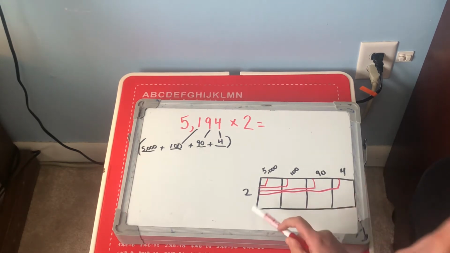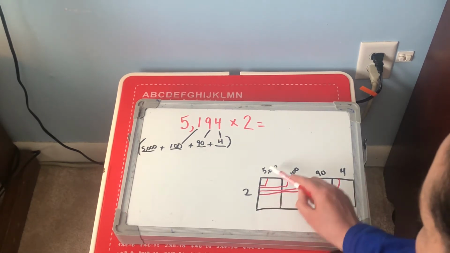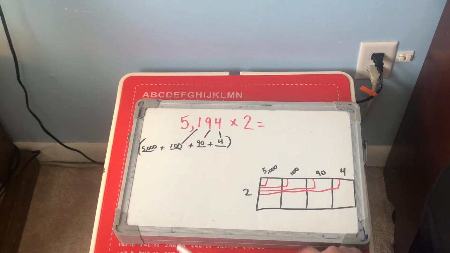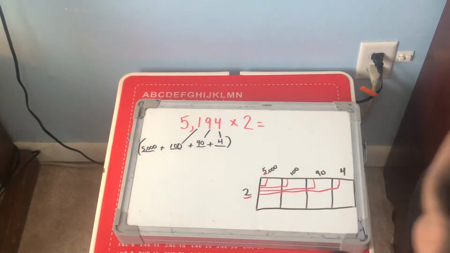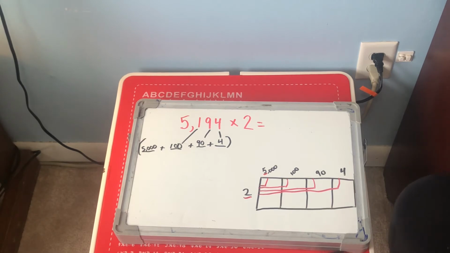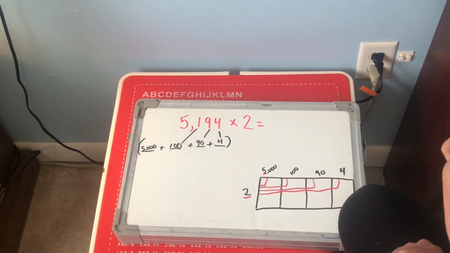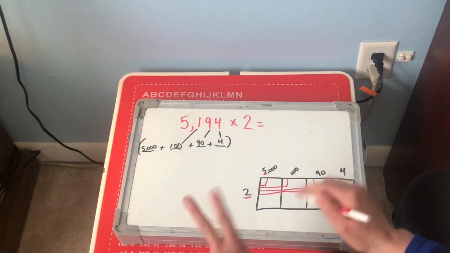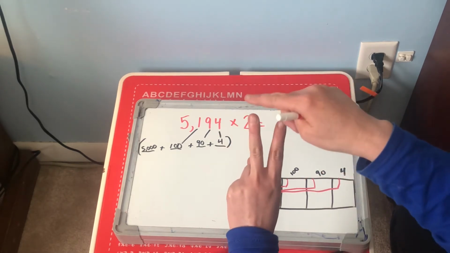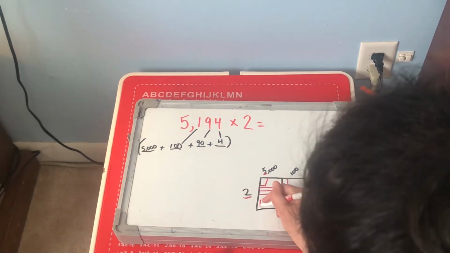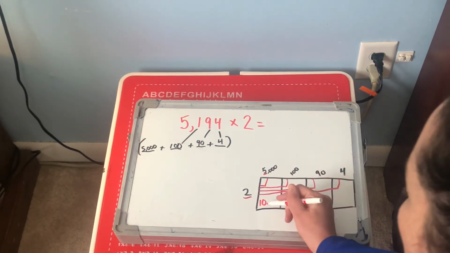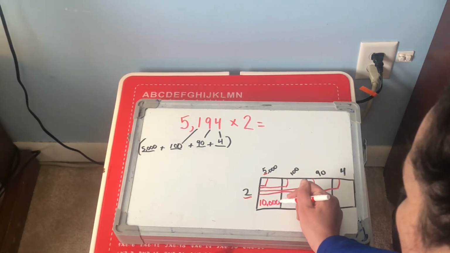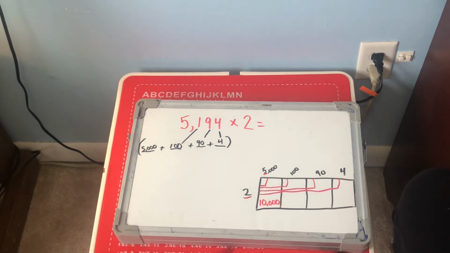So my first box is going to be 5,000 times 2. I can do just these digits because I know that when I multiply by multiples of 10, I can add my zeros after. So 5 times 2, 5, 10. And how many zeros? 1, 2, 3. 10,000.